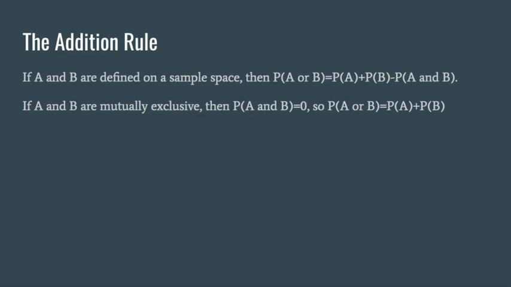Instead of using the multiplication rule, we use the addition rule for OR scenarios, and basically we have the probability of A plus the probability of B minus the probability of A and B. And the reason for that subtraction there is it's possible that A and B could happen at the same time on any one draw or any one event. So I've got cards stuck in my head.